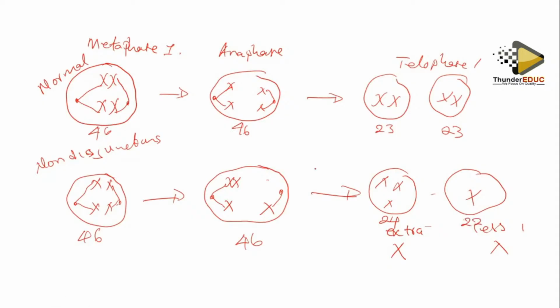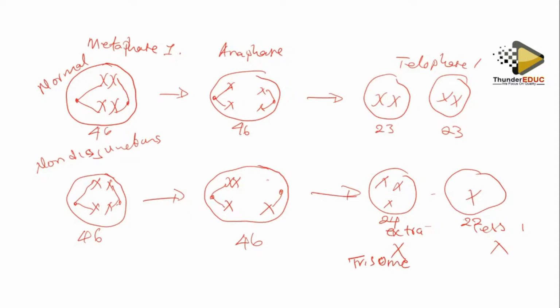So because now it has three chromosomes, in science we call it trisomy. We call it somy because it describes a cell which has 3 chromosomes of the same kind.